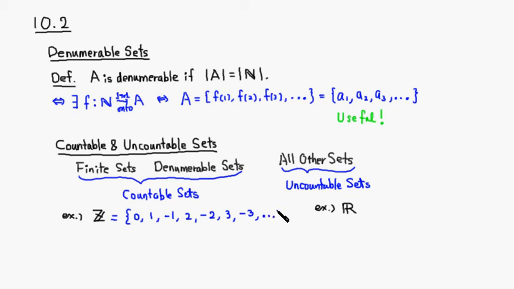We already see the pattern. Since we are able to list it in this fashion, we know that the set of all integers is denumerable, which means that this is a countable set.